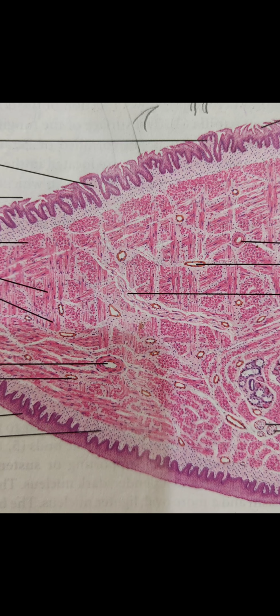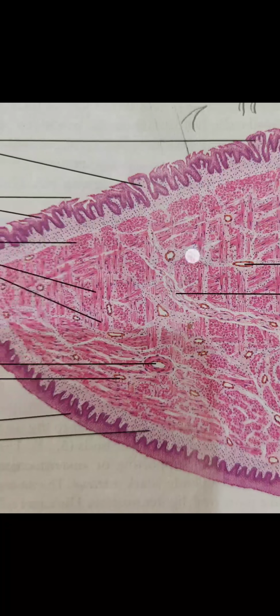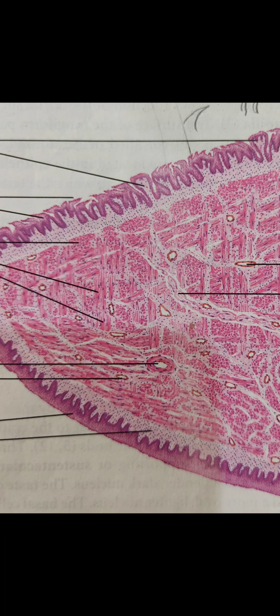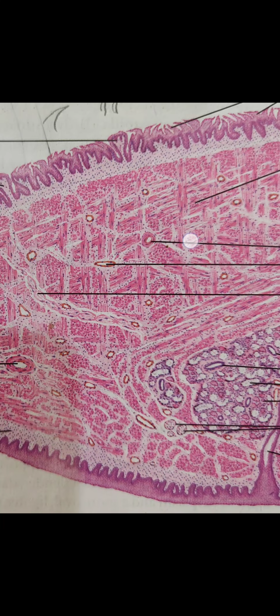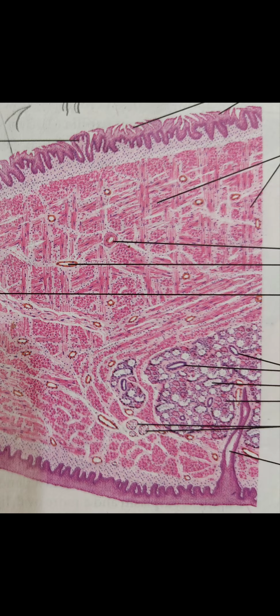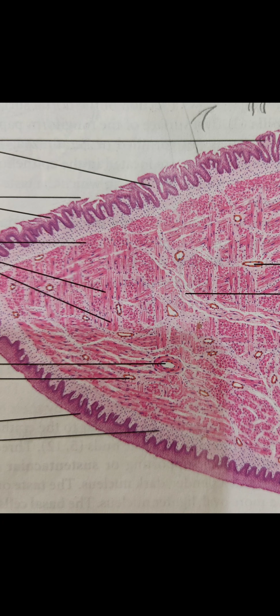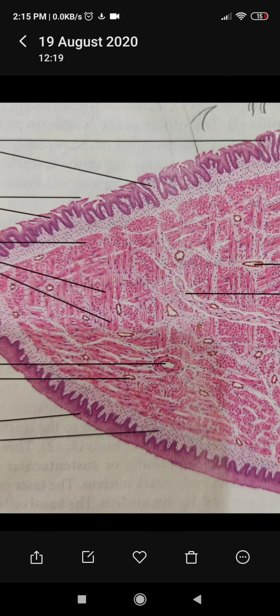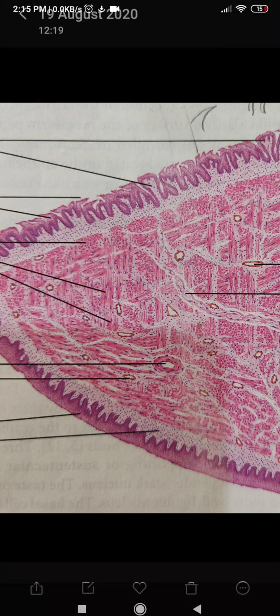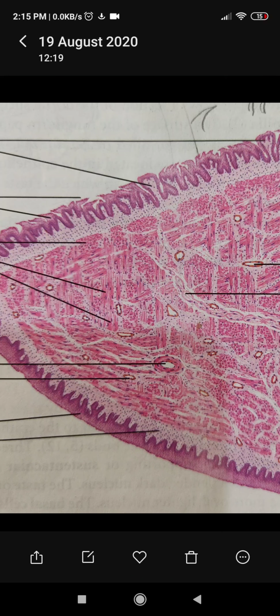Now this is the picture which you have to draw in your histology copies in the lab. Now you can appreciate the ventral surface. The ventral surface has various projections, and among them the filiform projections are more numerous compared to the fungiform, and the circumvallate are not shown here because they are present posteriorly. Below the epithelium lies the lamina propria, and then the muscular tissue, with muscles running in different directions.